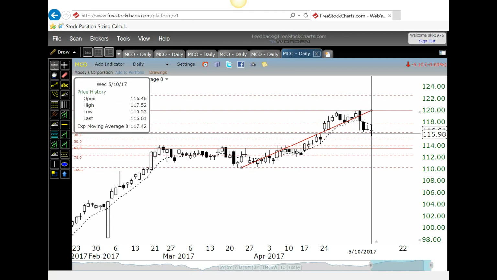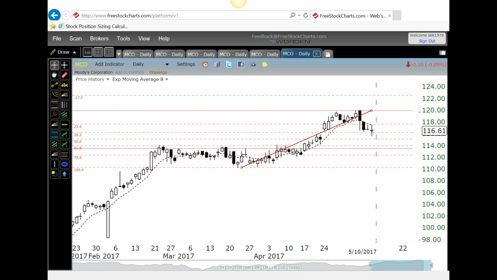Today is 10th of May, and it's quite possible that it can turn around. It could actually turn around and go back up. If it does, then obviously this will be our first target, 122. For a short-term trade, you could take the profit at 122, entering somewhere around here, this area.